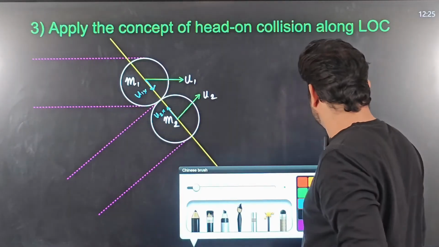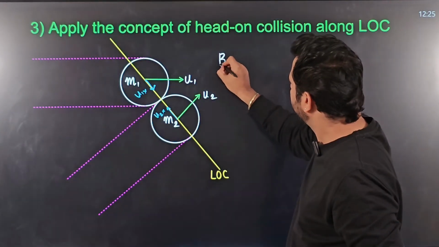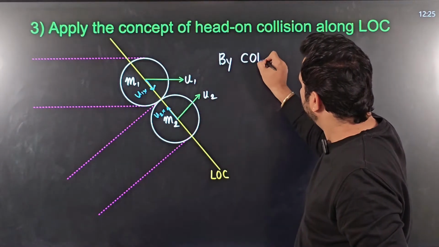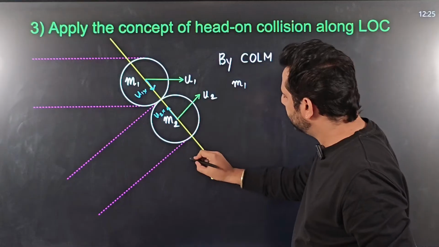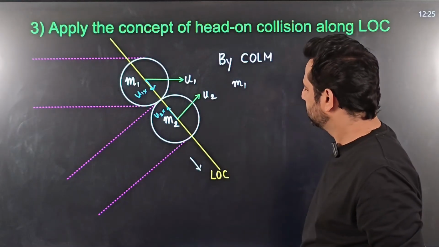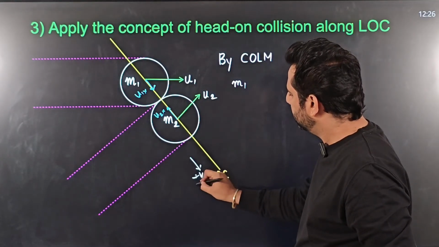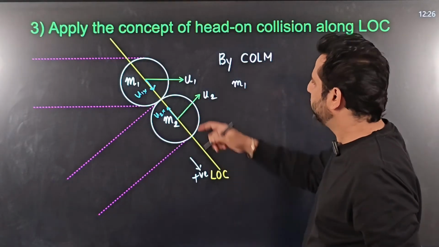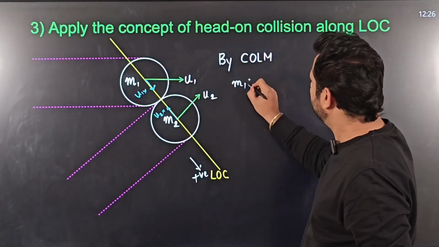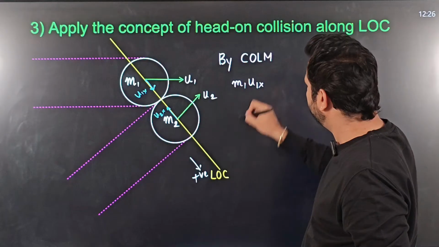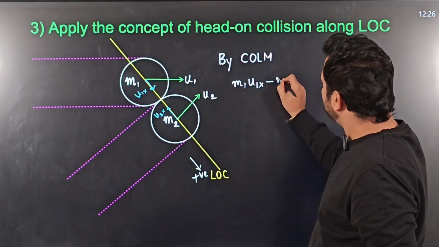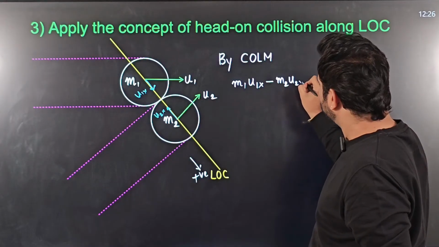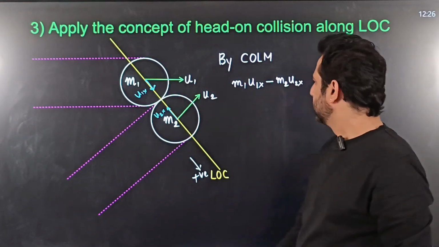So by conservation of linear momentum, this is the first step. I'll take the line of collision as x-axis. So this is the positive direction. The direction of U1x, I'll take it as positive. So initial momentum of M1 is M1 into U1x along the line of collision, and minus M2 into U2x, because the direction of U2x is opposite to U1x.